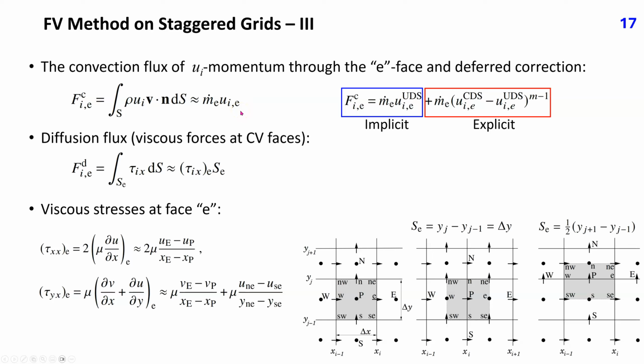For second order accuracy, the latter will be computed by linear interpolation between two cell center values at nodes P and E. For better convergence properties, first order upwind scheme is used implicitly, that is, to compute the contributions to the coefficients in the matrix, while the difference between explicitly computed fluxes using linear interpolation, here labeled CDS, and upwind approximation will be moved to the right-hand side of the algebraic equation.